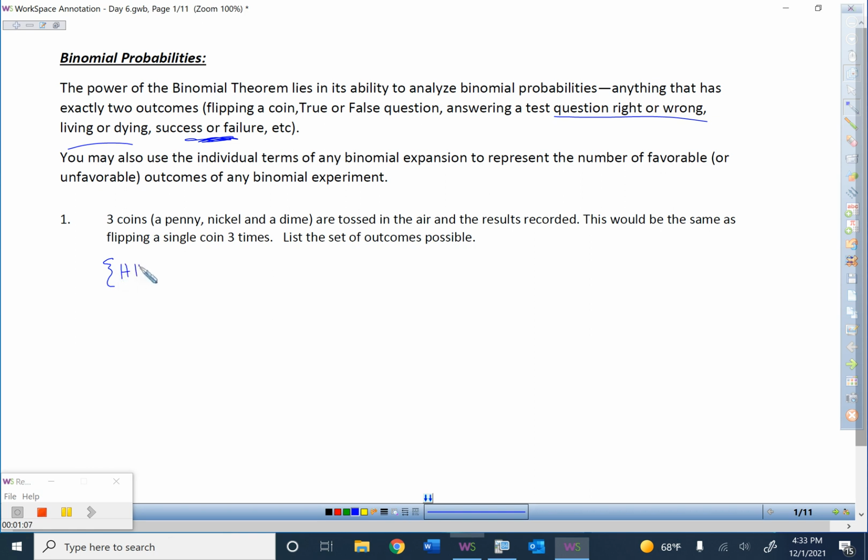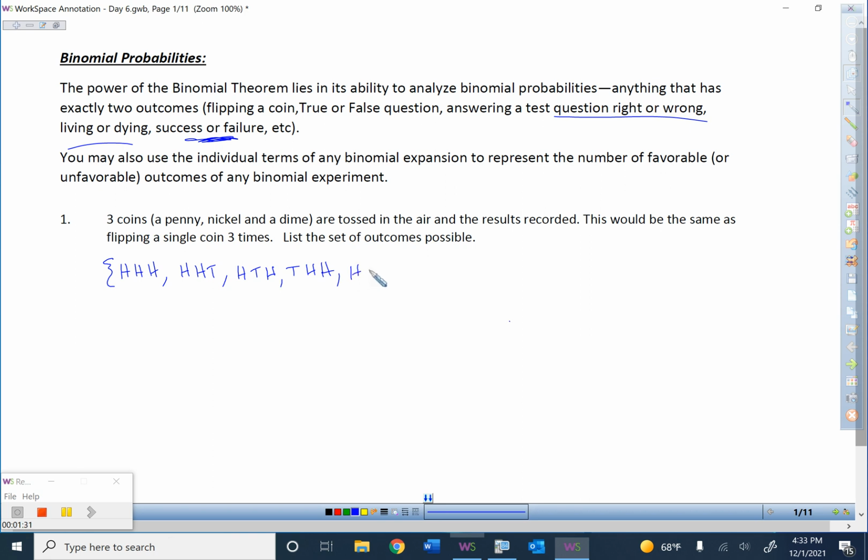We're going to have heads, heads, heads first. Then we're going to do all the ways to get 2 heads. So we could do the 2 heads first, and that really means 1 tail. So then we're going to move that tail to the middle next. Then we could have the tail come first. So we've got all 3 heads, then we've got the 2 heads, then we want to look at 1 head.